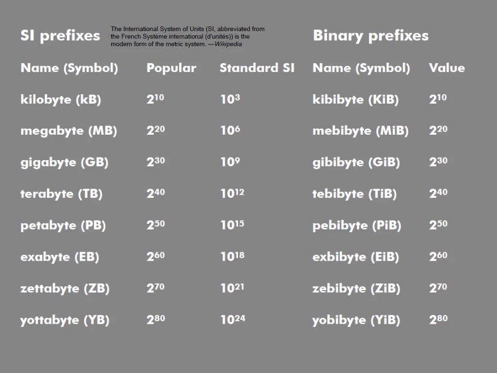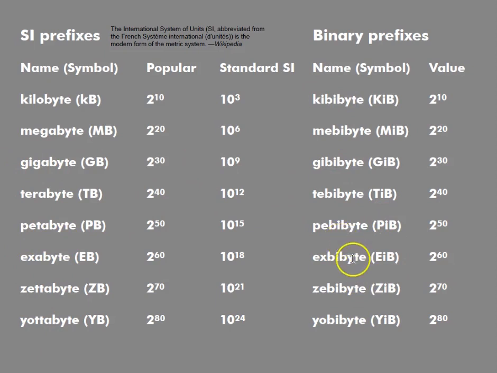Popularly, that's 2 to the 10th. The standard SI would be 10 to the 3rd. So 2 to the 10th is actually 1024. Standard SI, 10 to the 3rd, would be an even thousand. Megabytes, 2 to the 20th or 10 to the 6th. So kilobytes is 1,000 bytes, megabytes is 1,000,000 bytes, gigabytes is 1,000,000,000 bytes, and it goes up from there. Terabytes, 2 to the 40th or 10 to the 12th, petabytes, exabytes, etc.